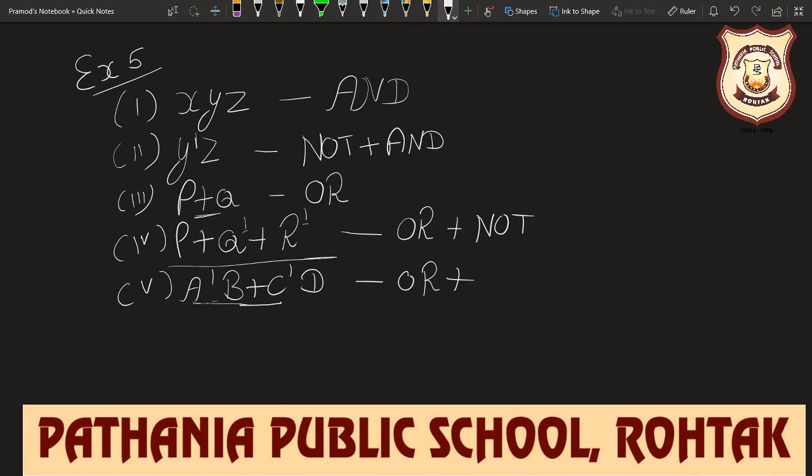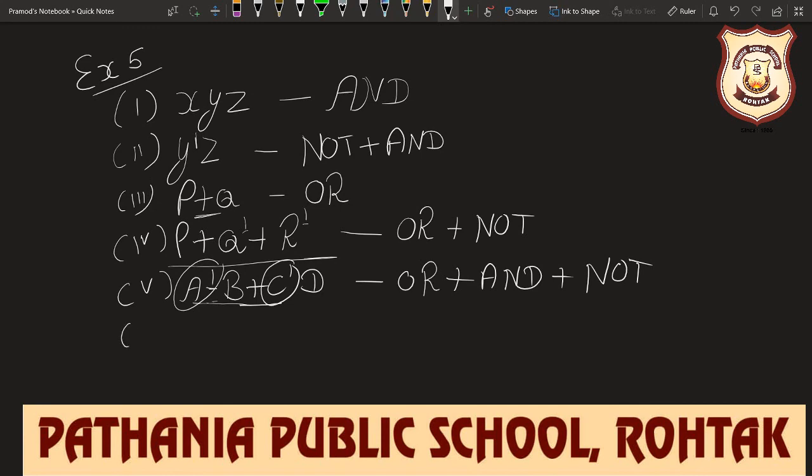A complement B, multiplication is here, so again AND gate is also here. And complement is here, complement C, complement A, so your NOT gate is also here. So this statement is a combination of your OR gate, AND gate and NOT gate.